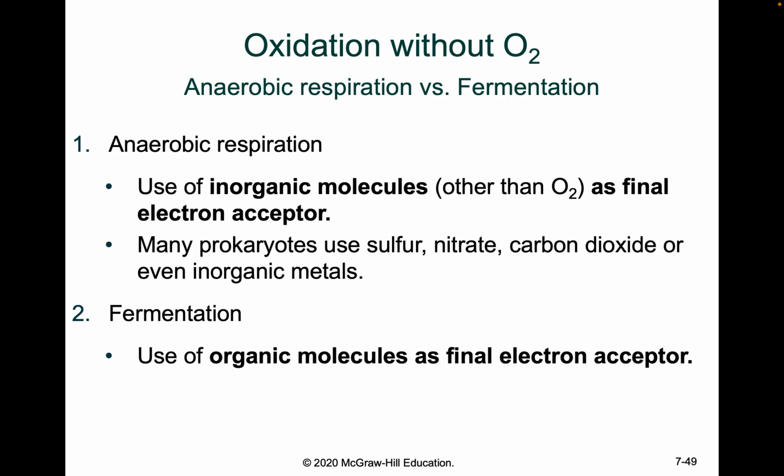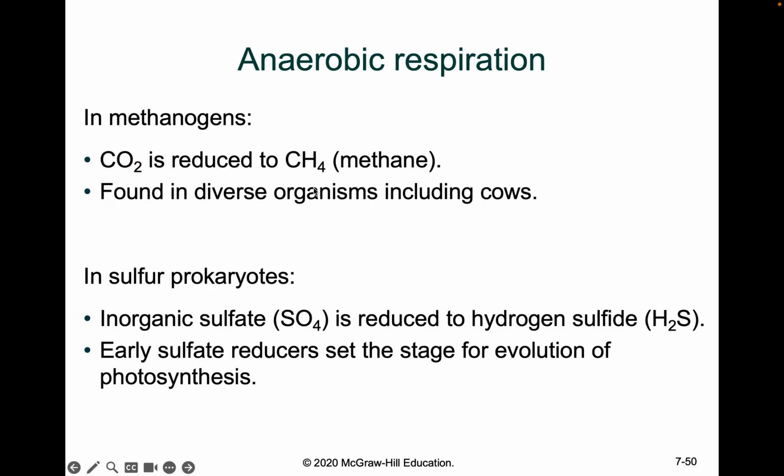We'll be talking about small examples of them. Most of the time you see this happening in prokaryotes, such as methanogens or sulfur prokaryotes. Methanogens use carbon dioxide as their final electron acceptor.